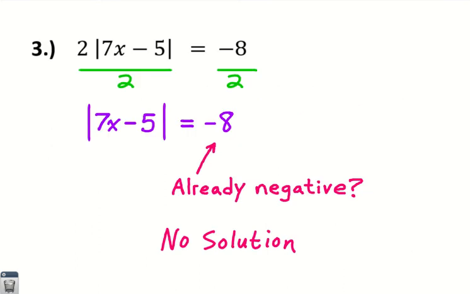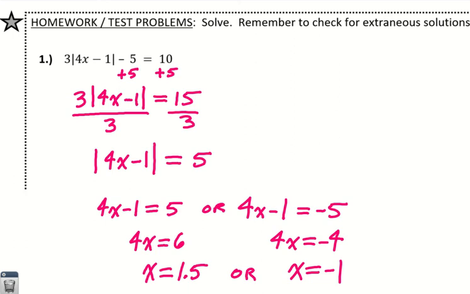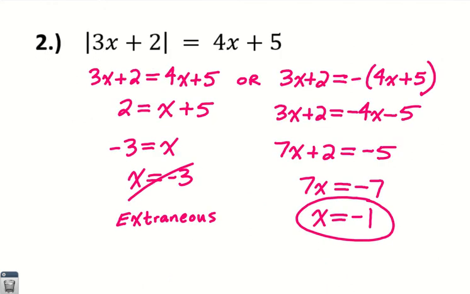To summarize this, if you had an equation, the first thing you do is make sure the absolute value is isolated. Then you split up into two cases, where the first case is your positive case, and your second case is your negative case. And then you just solve each case. And be sure to check to see if you have any extraneous solutions.